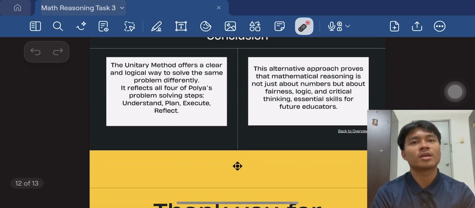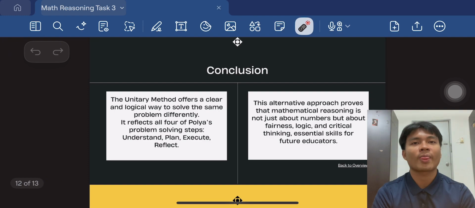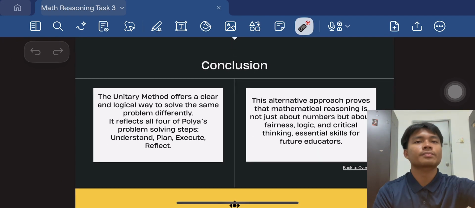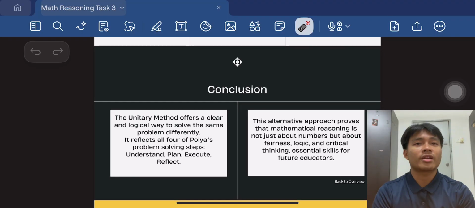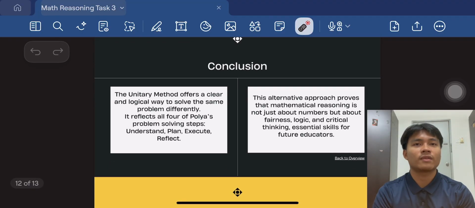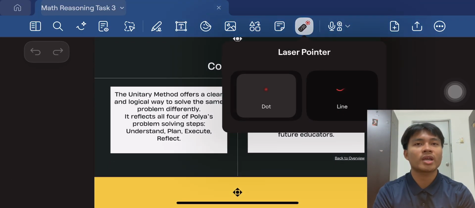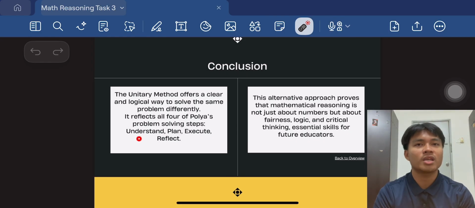Now, to wrap everything up, using the unitary method as an alternative solution proves that we can approach the same problem in different logical ways. This method follows Polya's 4 steps: understand, plan, execute, and reflect.